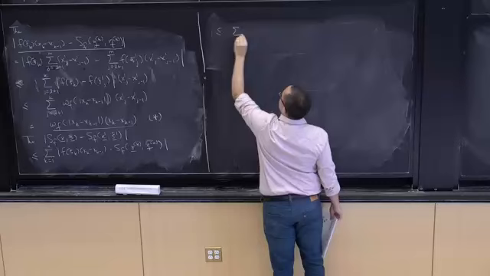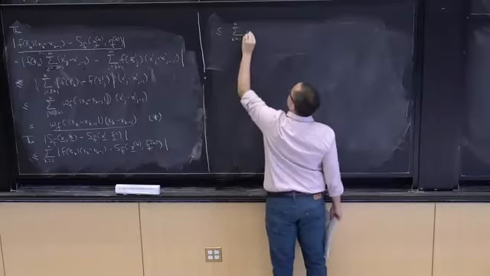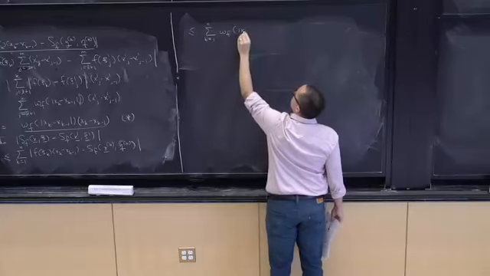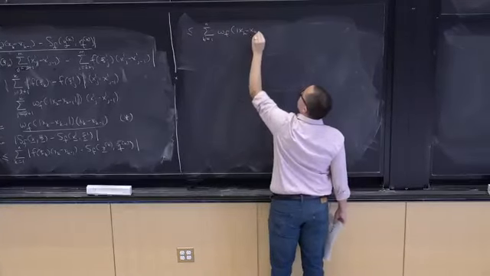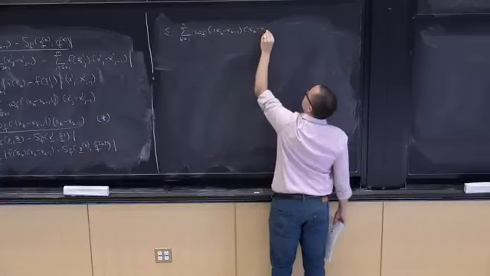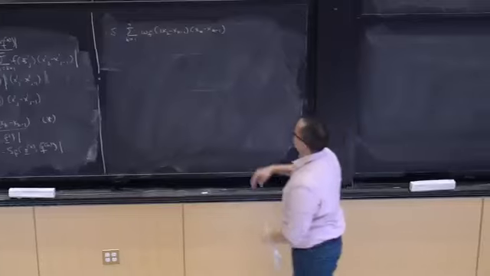Less than or equal to the sum from k equals 1 to n of omega f of x_k minus x_{k-1}, times x_k minus x_{k-1}.